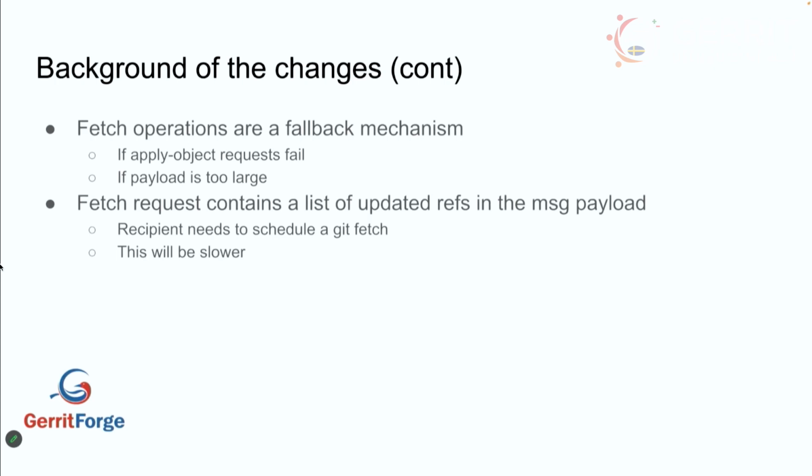The difference here is that the payload of the request to the fetch API contains just a list of the refs, the ref names, nothing else. So when the recipient gets that message, they need to schedule a git fetch based on the list of refs that they have. And obviously, this is going to be slower compared to having all the data already in place and applying it locally.